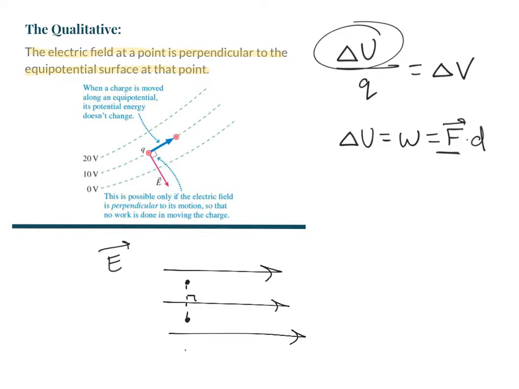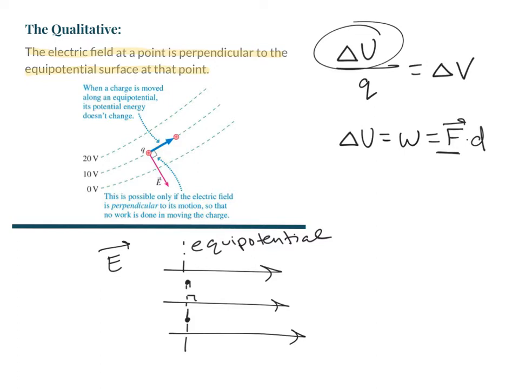Lines perpendicular to the field are places where the potential doesn't change, so they are equipotential, meaning equal potential. Equipotential lines are always going to be perpendicular to the electric field.